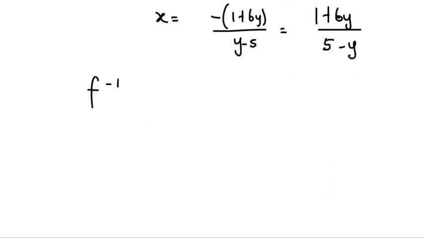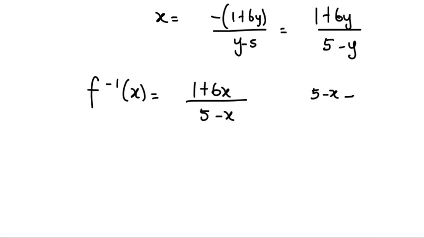So the inverse of the function, replacing y with x, is 1 plus 6x divided by 5 minus x. Now we need the domain of this inverse function, and that domain is going to give us the range of the original function. For that, 5 minus x, which is the denominator, is not going to be equal to 0.